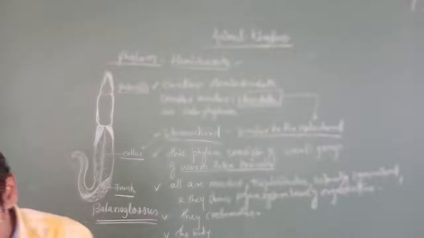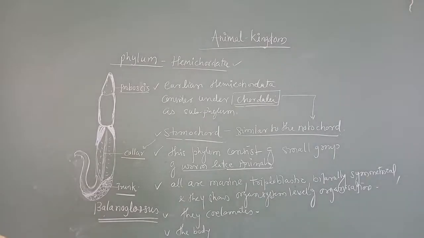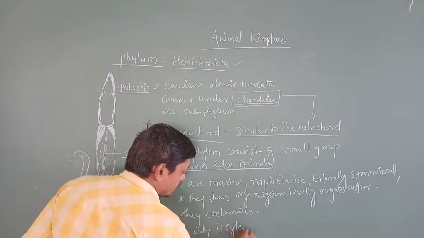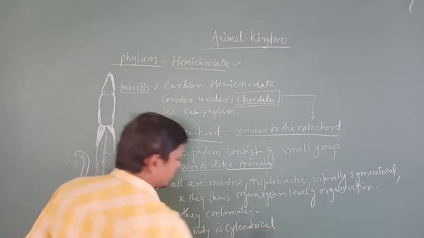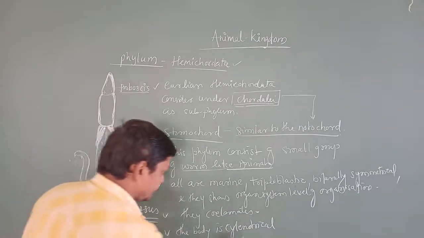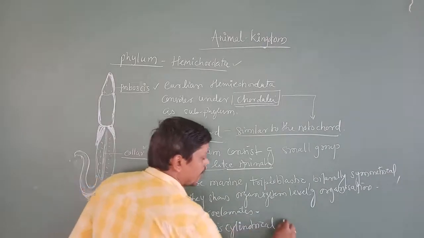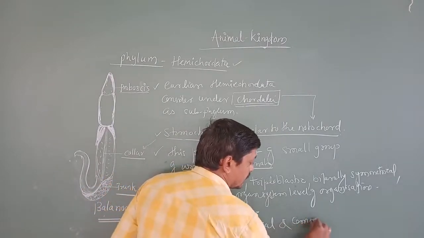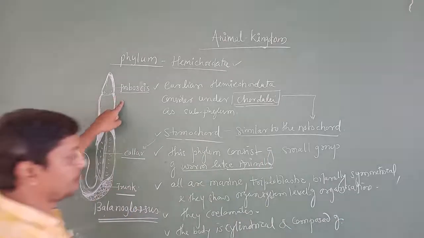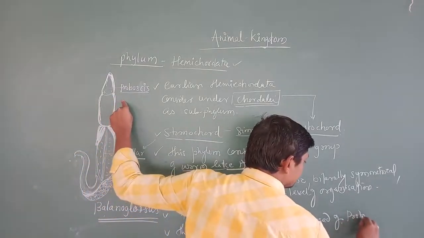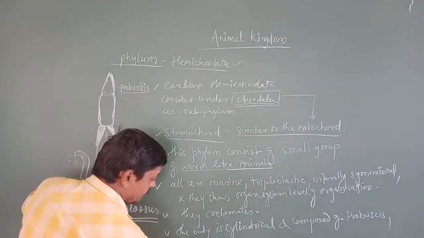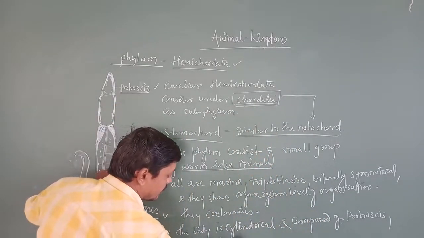Then the body. Next you write: the body is cylindrical and composed of proboscis, collar and trunk.